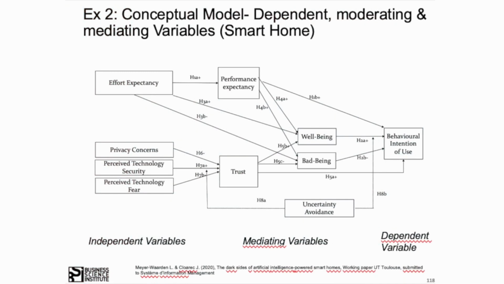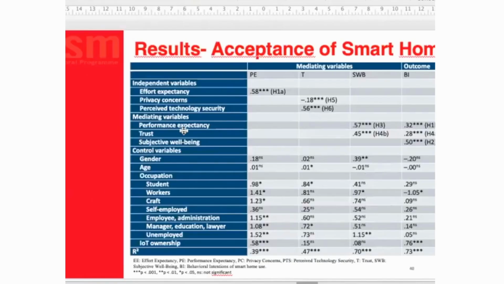Here are the results for the smart home study, where we test the acceptance factors on the adoption of artificial intelligence-based smart homes. You can clearly see that most of our hypotheses are confirmed. So we can see that actually, in line with UTAUT, effort expectancy impacts performance expectancy very positively and significantly. Performance expectancy impacts behavioral intention of usage highly positively and significantly.